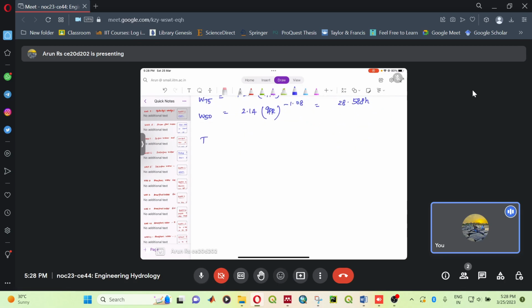Now we need to find the time of rise or time to peak from the start of the rainfall excess. That is given by TR by 2 plus TPR.